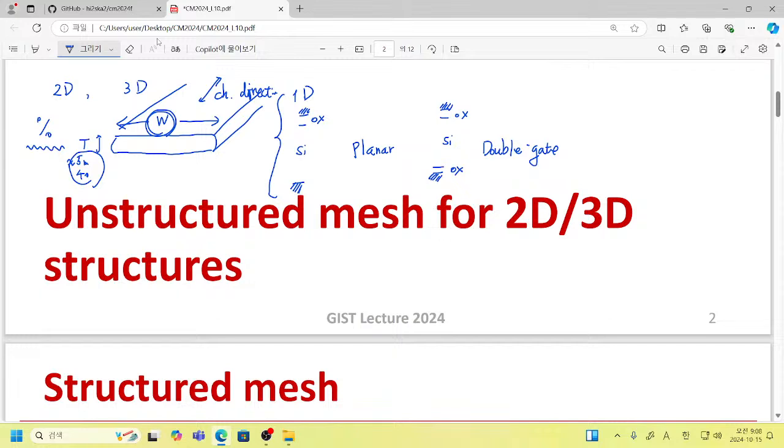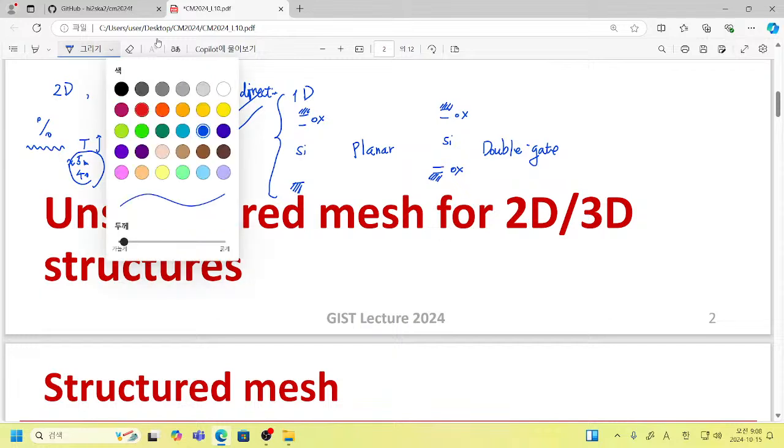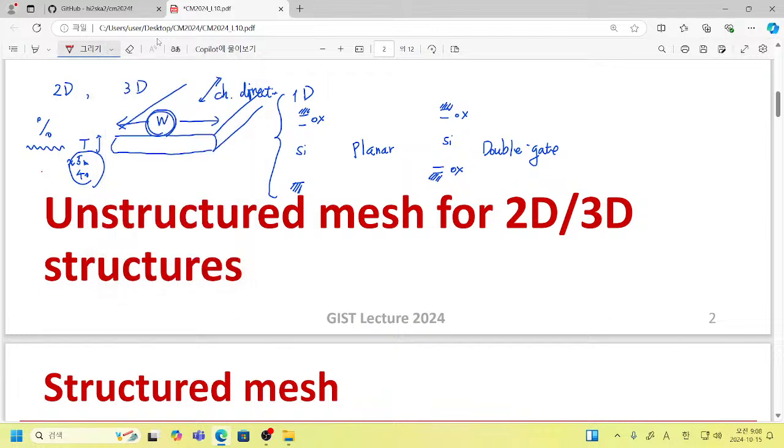So sometimes people say that this structure can be well approximated as just the central part here, which can be regarded as a double gate MOSFET. Yes, that's true. But the point is, here we have a certain part, and this part really makes some changes in our device characteristics.